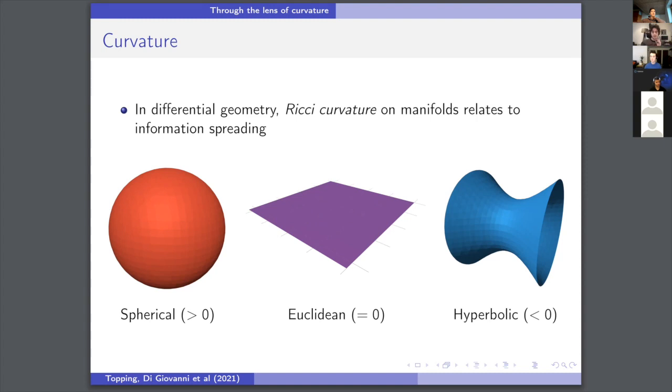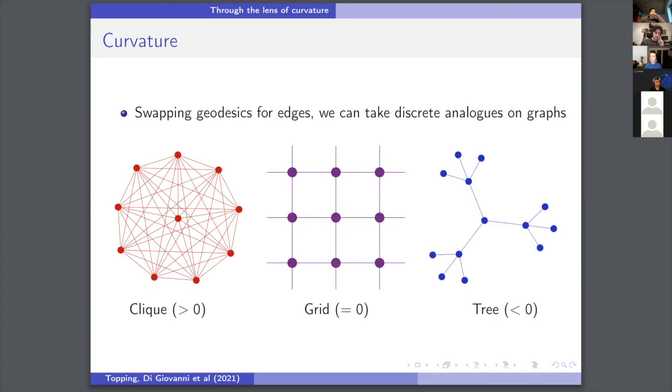So there are examples of similar behaviors for graphs if we replace the notion of geodesics with that of edges. So for example, on a clique, for any edge, we can think of the edges departing from the endpoints of the given edge, and this will always converge to a triangle, similarly to what happens on a sphere.